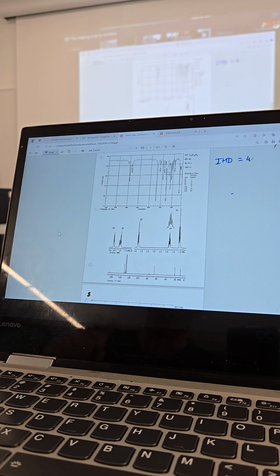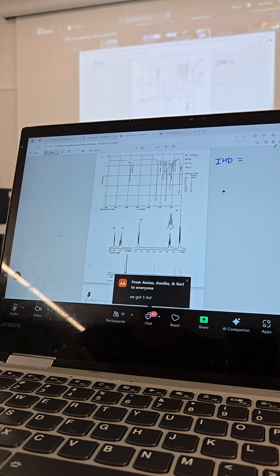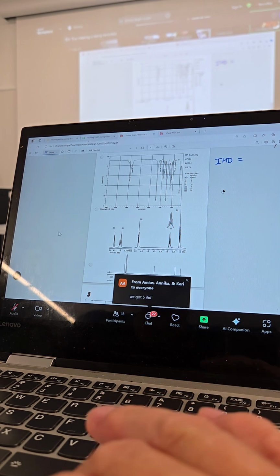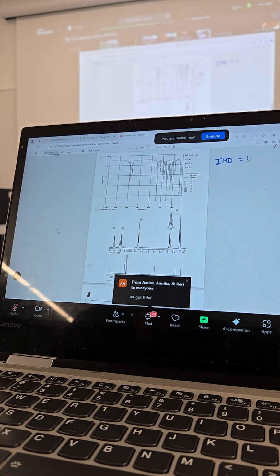No, it's not 4. Is it 4? I got 5. Half of C10H22, 2n plus 2.